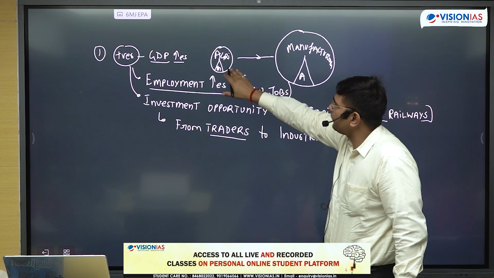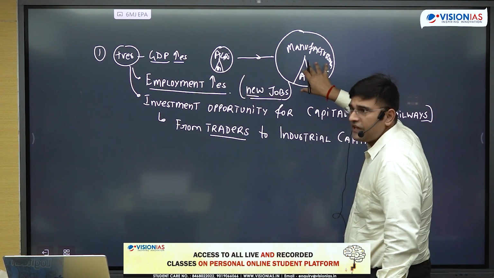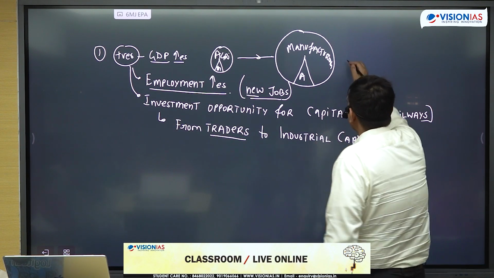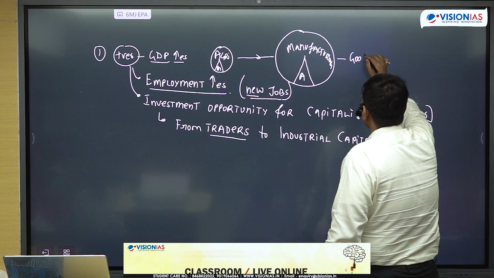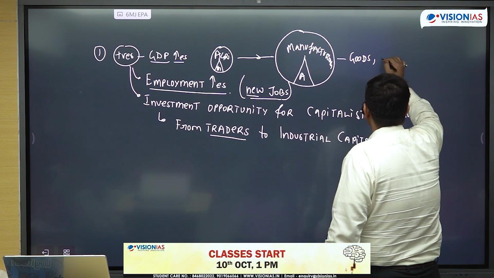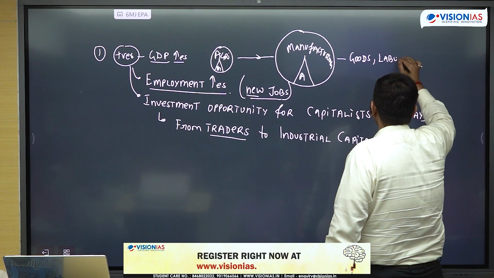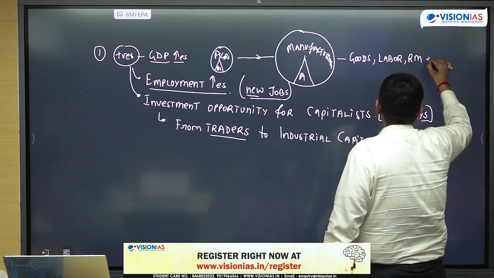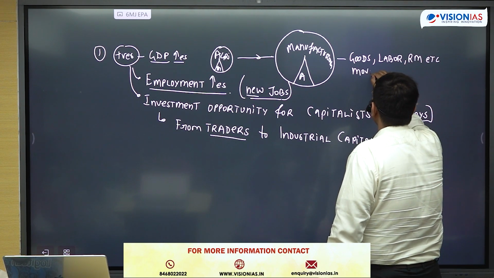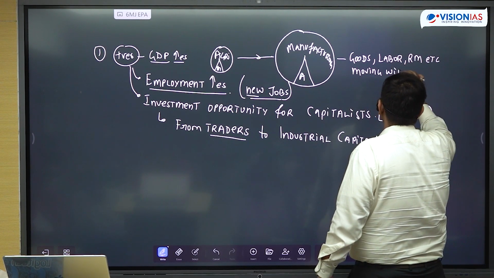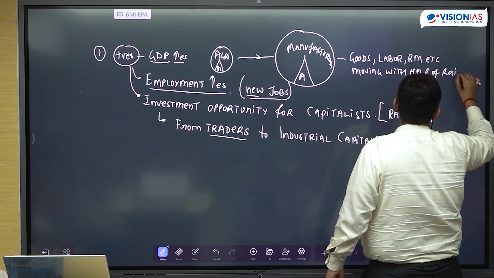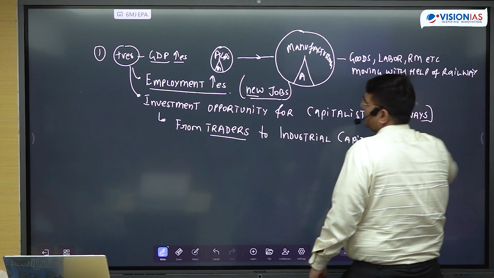If GDP has to increase from this sector to an industrialized economy, there has to be movement of goods from one place to another. These goods, vehicles, labor, raw material, finished goods, all are moving with the help of railways.